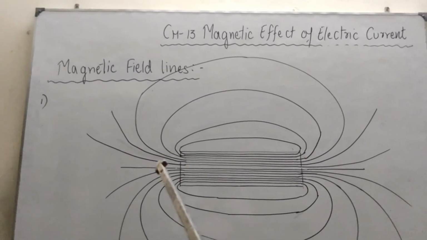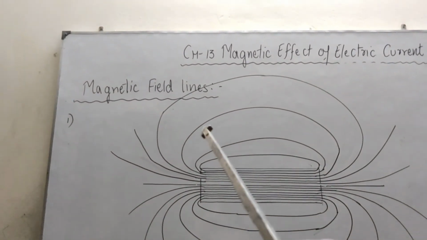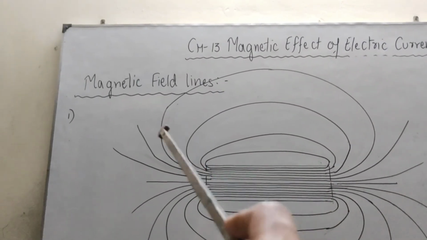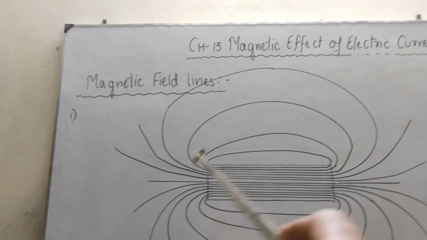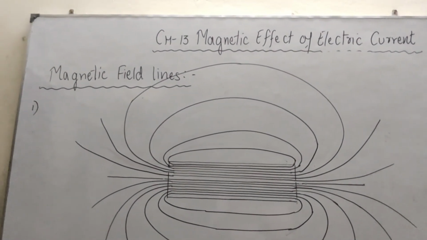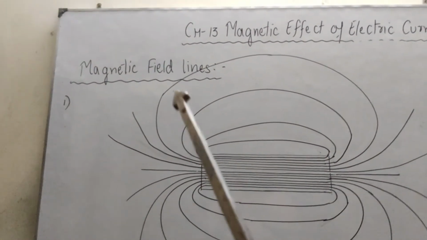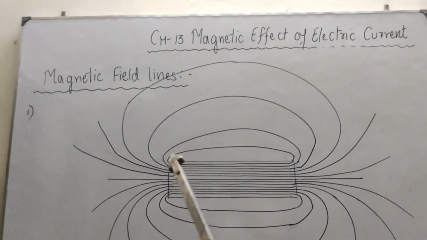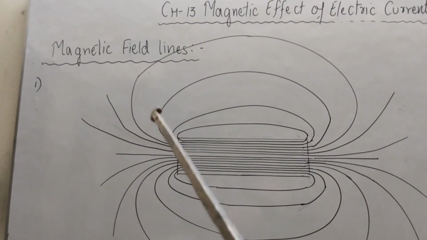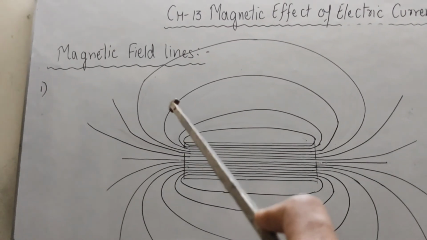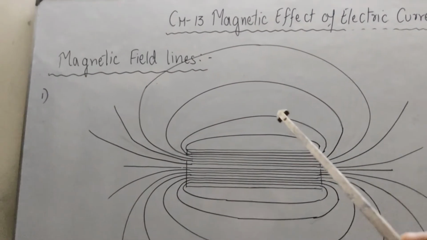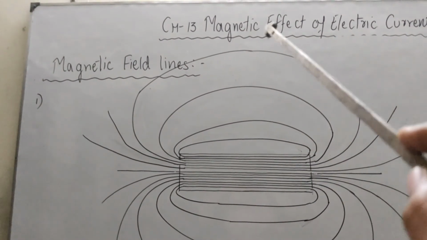We can see here that the magnetic field lines are crowded near the North Pole and as well as near the South Pole. So we can get an idea of the strength of the magnetic field by seeing the spacing of the magnetic field lines. Wherever the spacing is less, magnetic field is stronger, and wherever the spacing is more, magnetic field is weaker.